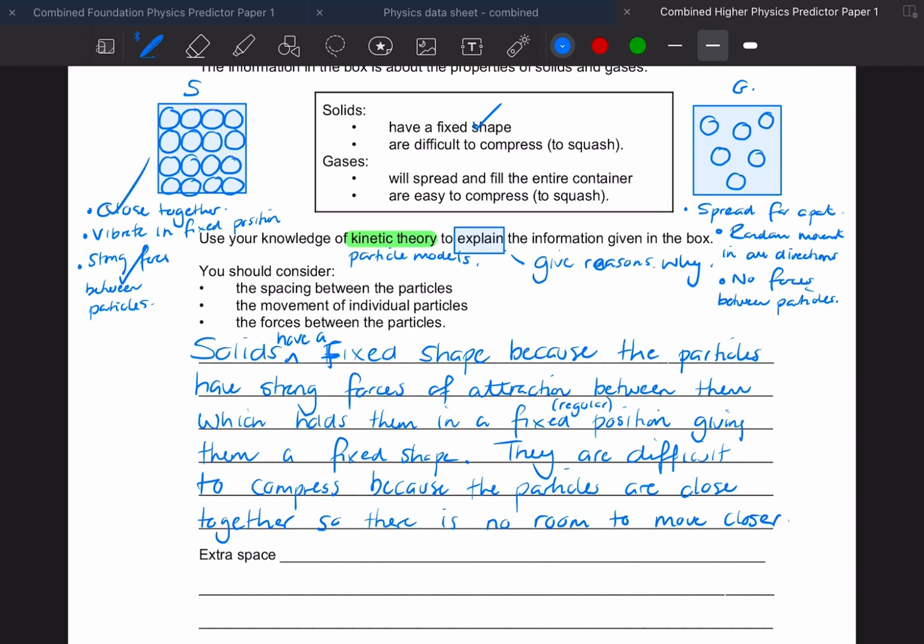Okay, so we've mentioned that one. We haven't said about their movement, so will that explain why they're difficult to compress? I suppose so. It's because they're going to stay in a fixed position, so they aren't going to move out and create a space they can be compressed into. So they just vibrate in a fixed position. Okay, so I think we've covered all of those for the solid.